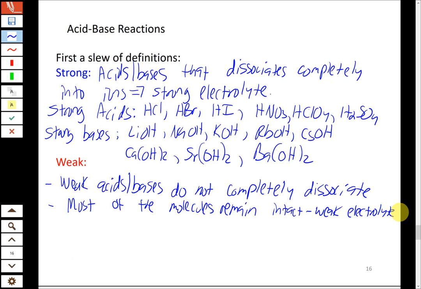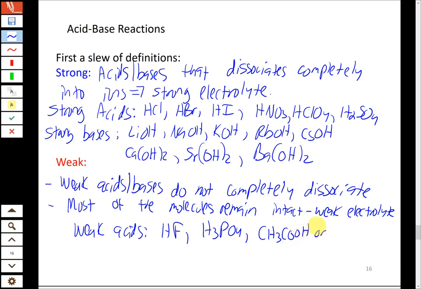And there's just a few common weak acids. I mean, pretty much every other acid besides the ones I listed above are weak acids, and the ones that you'll see a lot of are HF, so that's the only one of those group 7 acids that's not a strong acid, and then some of the polyatomic ones, phosphoric acid, and the very classic one is acetic acid, which can be written as CH3COOH, or it can be written as HC2H3O2.